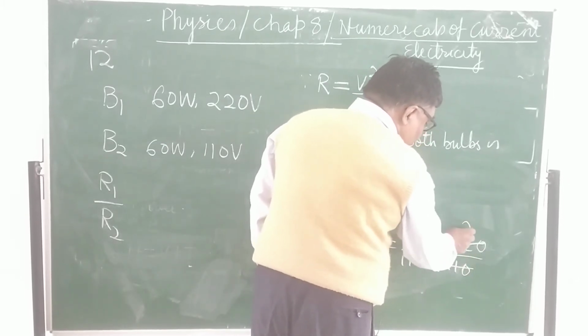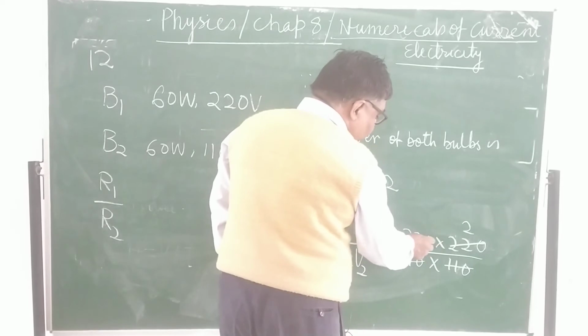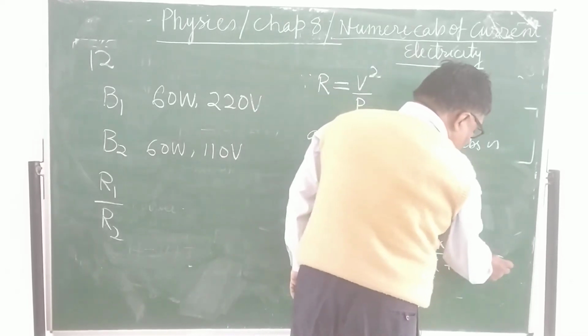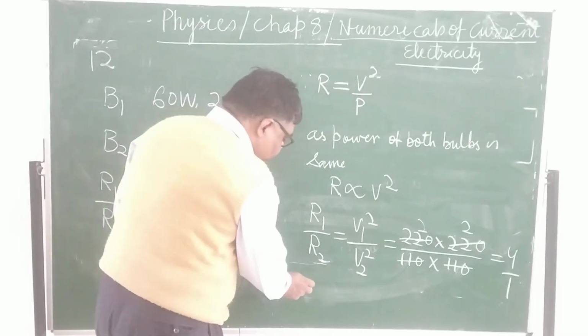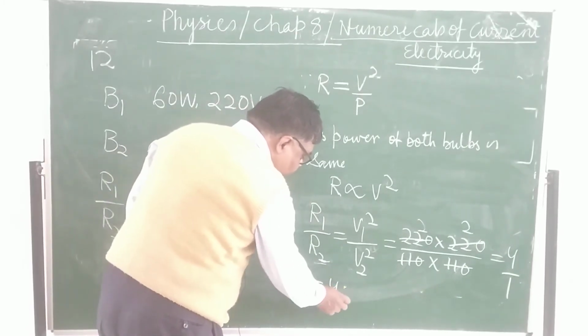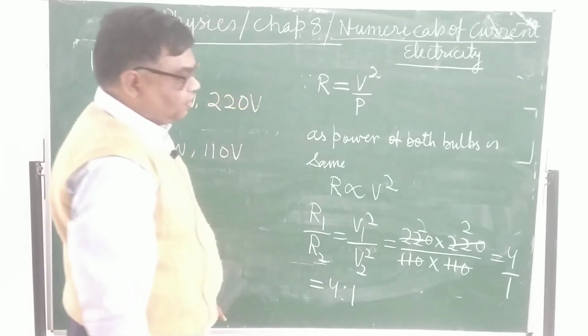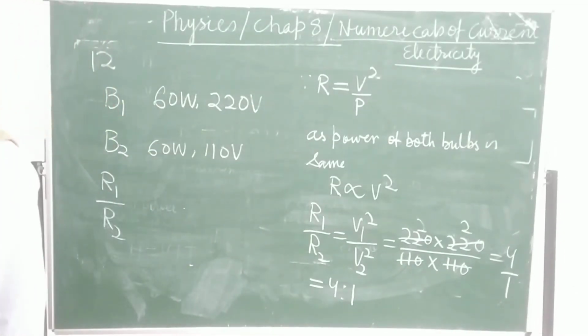It is 2, this is also 2, so it is 4 upon 1. But you have to write the answer as a ratio, so it will be 4 ratio 1. Note this down.